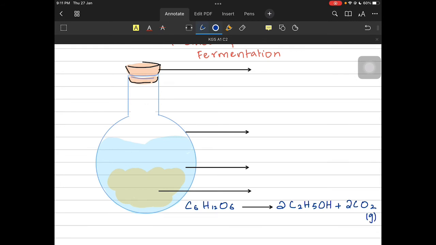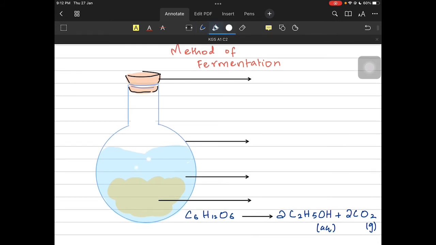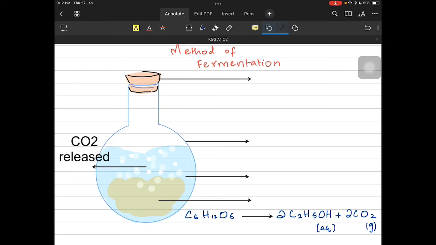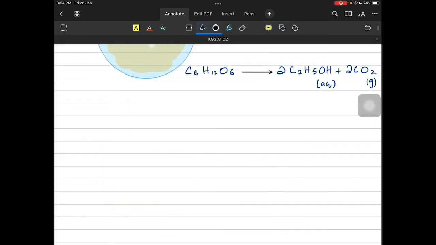When carbon dioxide is released, you'll be able to see bubbles of carbon dioxide coming out from the suspension, and obviously this indicates that the process is going on and you are receiving the carbon dioxide as well as the ethanol molecule. So this process involves the fermentation of glucose to give us carbon dioxide and ethanol.